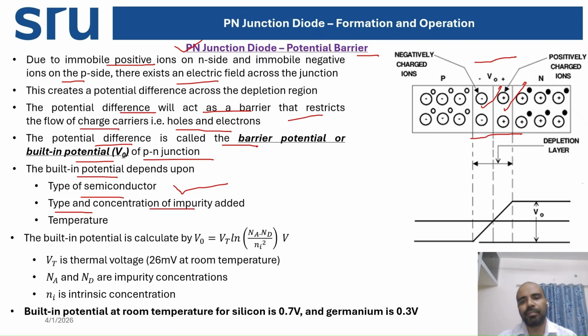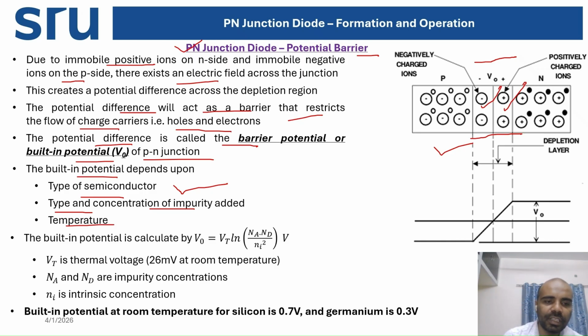So if the p region is heavily doped or lightly doped, or the n region is heavily doped or lightly doped, it is the concentration of electrons and holes at the n region and p region. It depends upon the types and concentration of impurity added to the semiconductor, right? So the barrier potential or the built-in potential depends on the type of semiconductor and the type and concentration of the impurity added to the semiconductor.